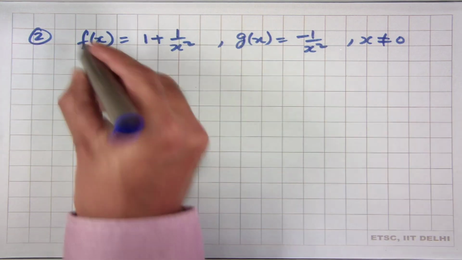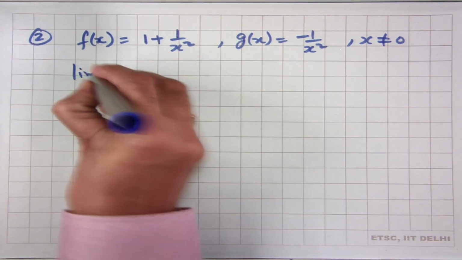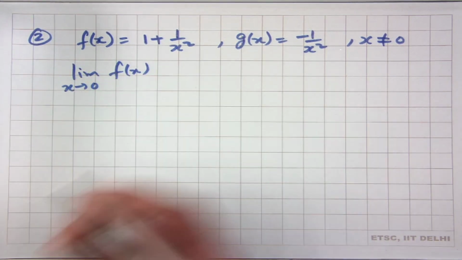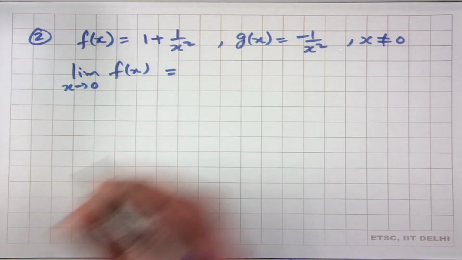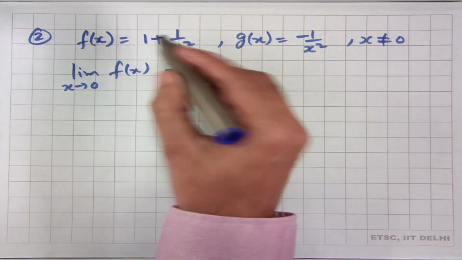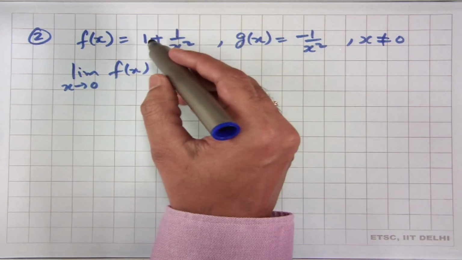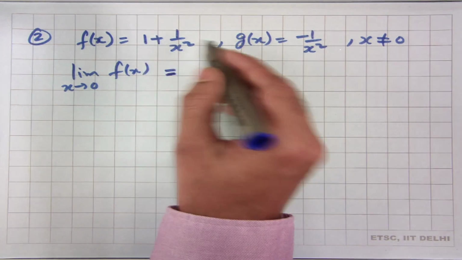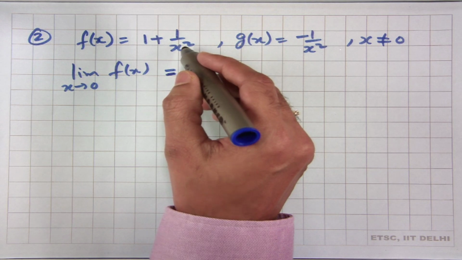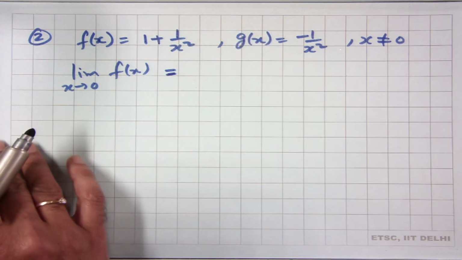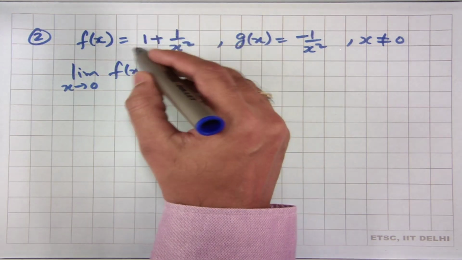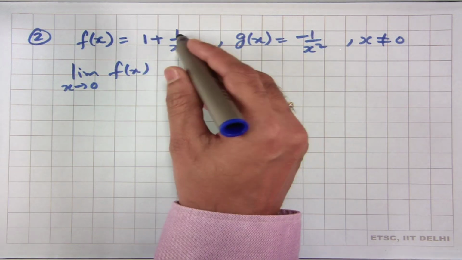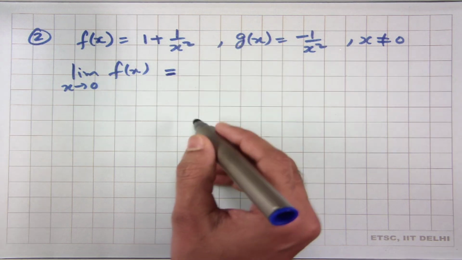If we look at the limit of f(x) as x approaches 0, this goes to 1 plus the limit of 1 by x square, which is infinity, and we have seen that if the limit of one function is a real number and another goes to infinity, then the sum is again infinity.